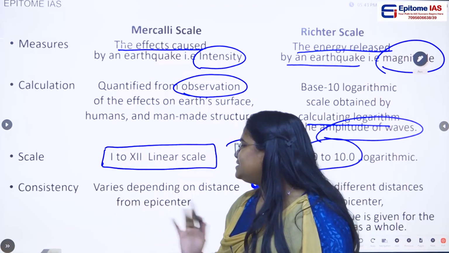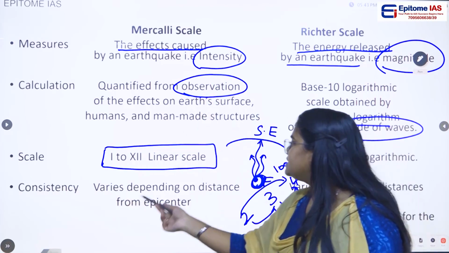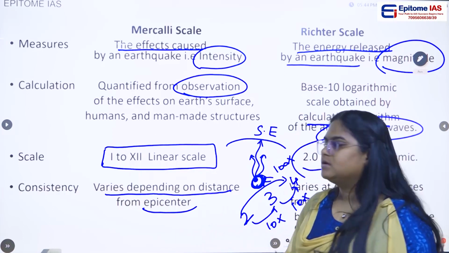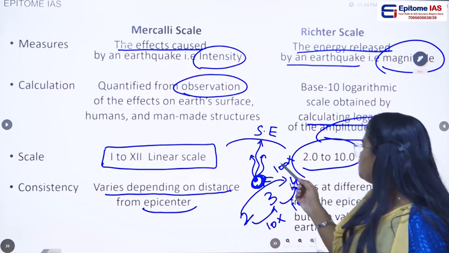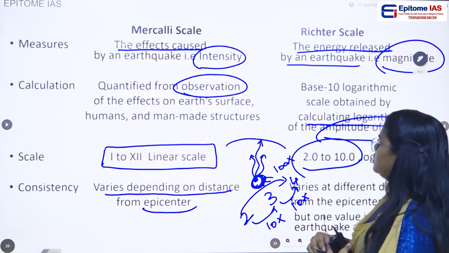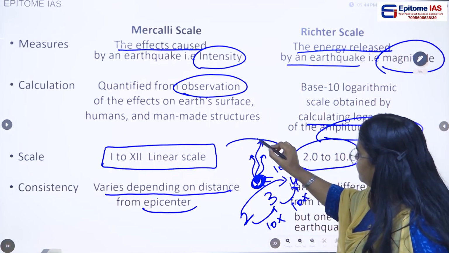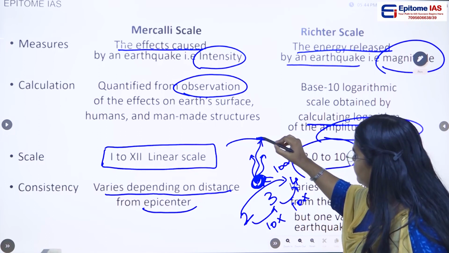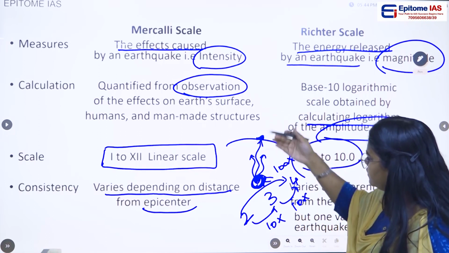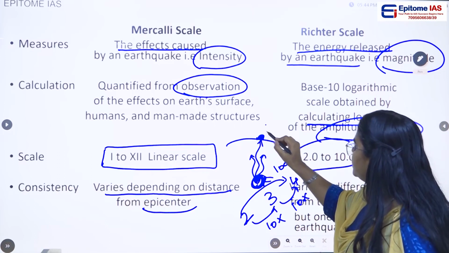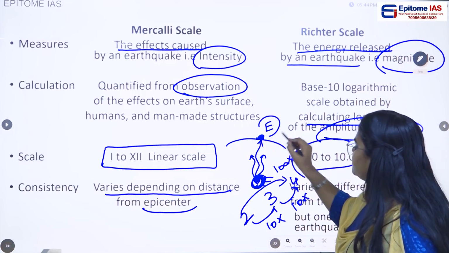And the consistency, if you see the Mercalli scale, it varies depending on the distance from the epicenter. Let's say this is the earthquake, this is the focus, and once it reaches the surface, the shortest distance between the focus and the surface of the earth, this point is called the epicenter.